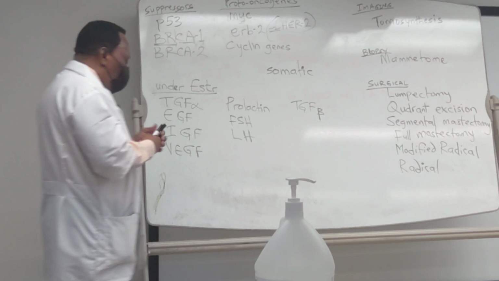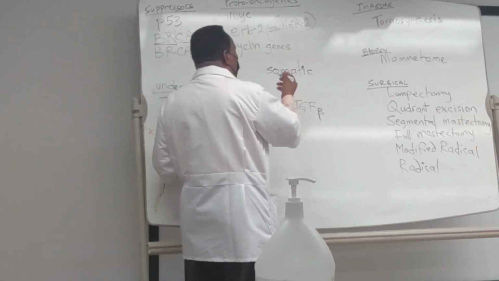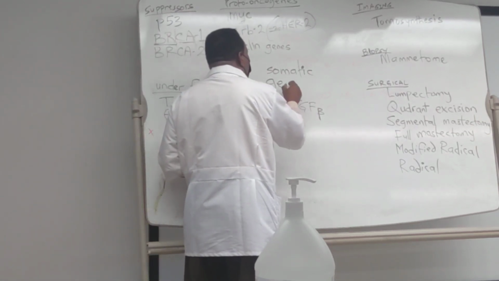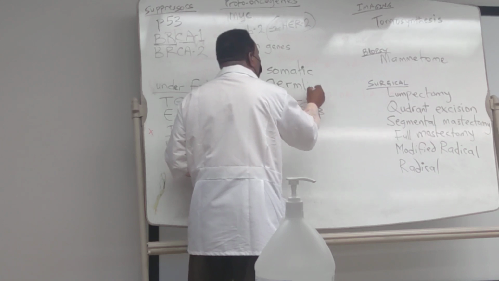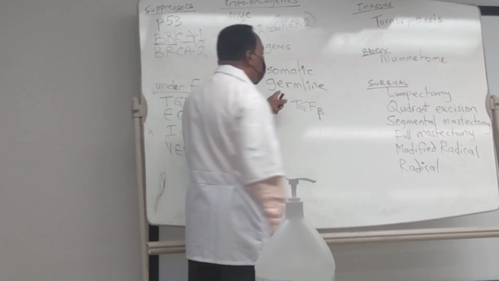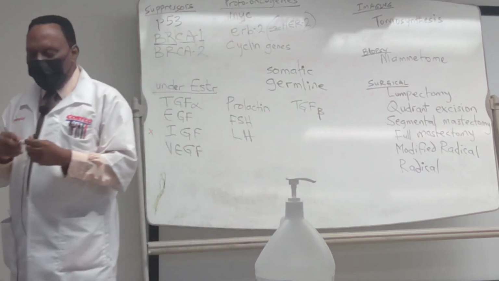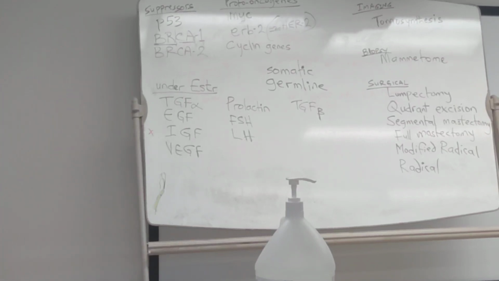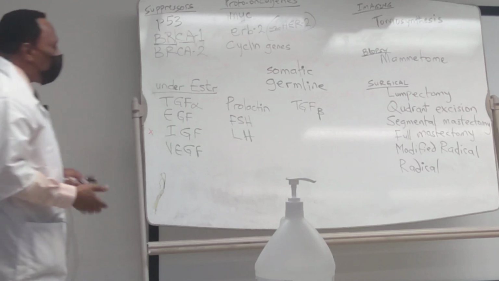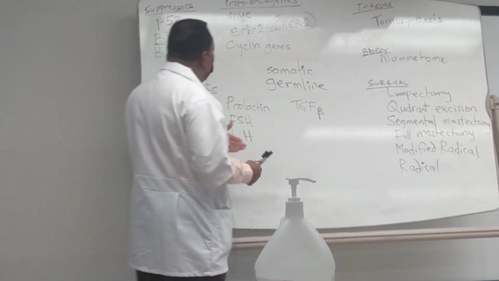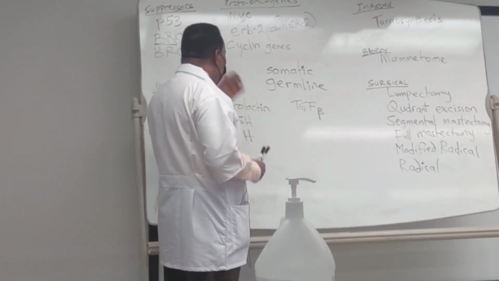But you can also see it when it is transferred along germline. That is transferred from mother to daughter, so familial or inherited type mutation.